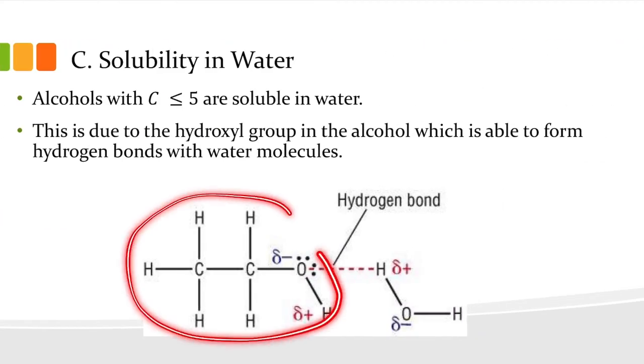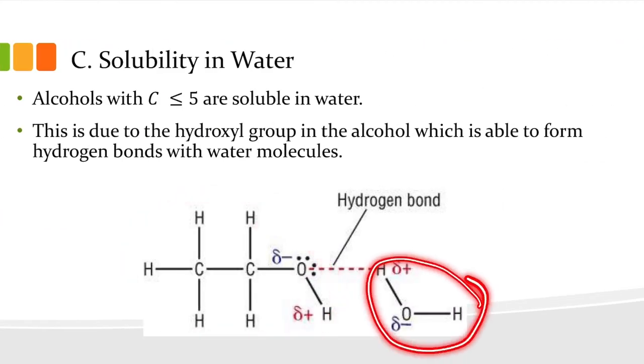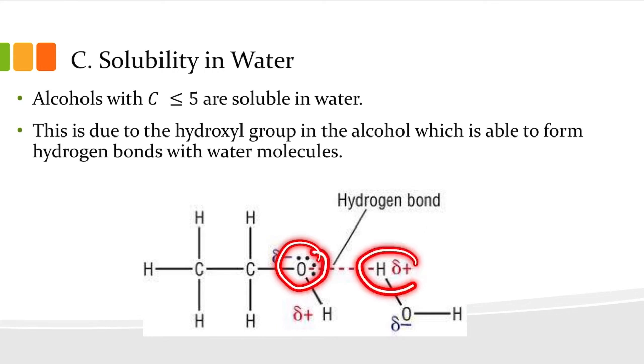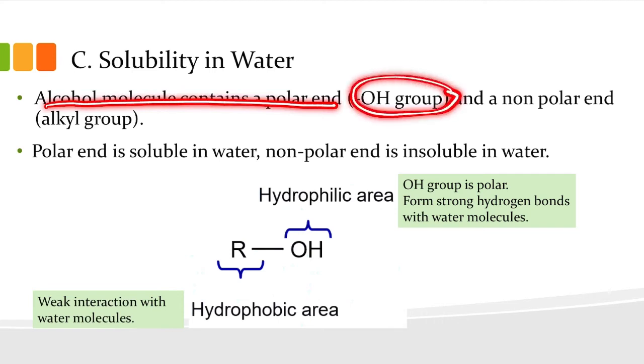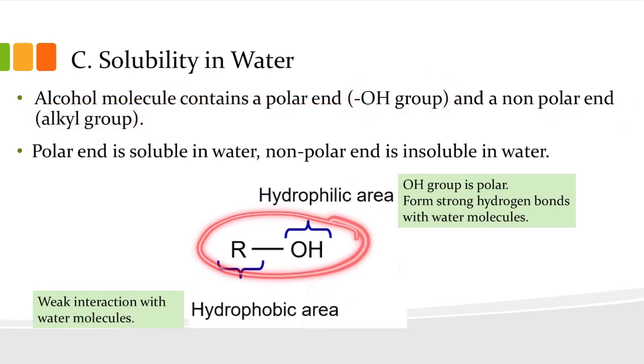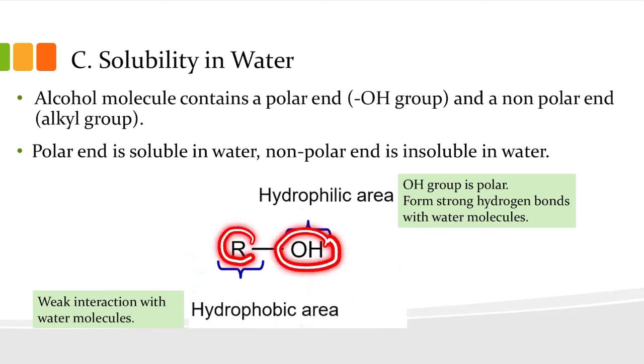As you can see from this diagram, this is how alcohol will form hydrogen bonds with the water molecules. Actually, an alcohol molecule contains a polar end, which is the OH group, and a non-polar end, which is the alkyl group.